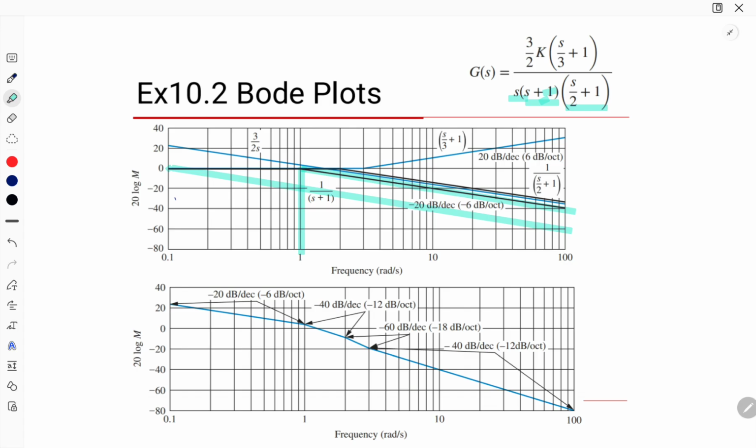And this one, something happens at 2. So 1, 2. So right there at 2, we have another decay coming up here. Something happens at 3, 1, 2, 3. And then you will see this original blue line. That is 0, 0. So it's a minus 20 dB per decade. And this portion was taken care of by this portion originally.